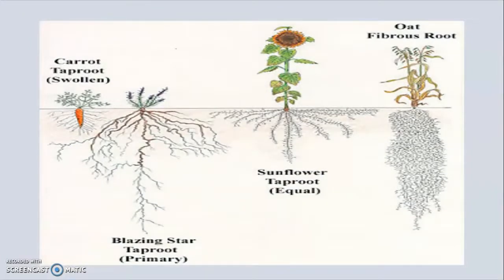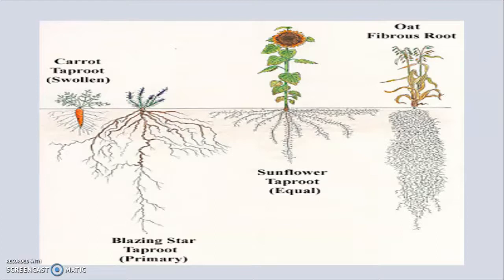And another example of the root. Okay, the first example is a carrot. Yes, we know that. So it's a tap root, swollen. And then the second one is the blazing star tap root. It's a primary. And then the middle one is a sunflower tap root.